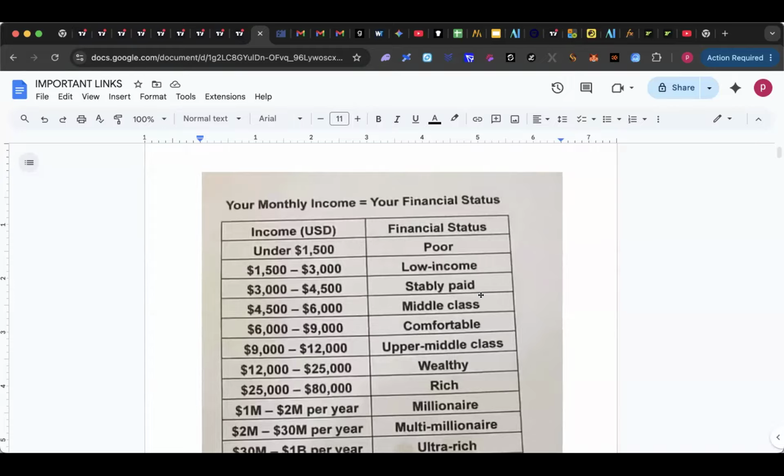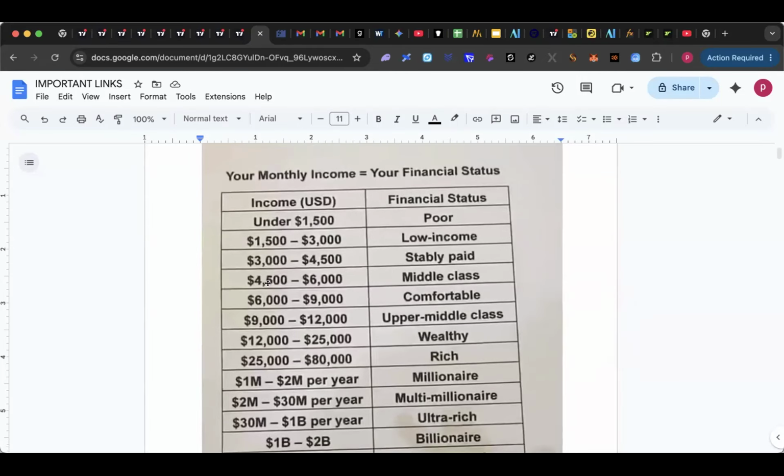Yet by world standard as financial status, we are rated on dollars. And now this is what they said. If you are making anything less than $1,500 a month, they say you are a poor man.